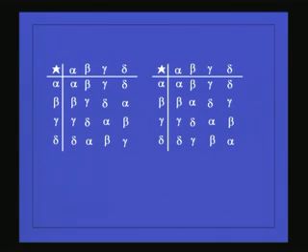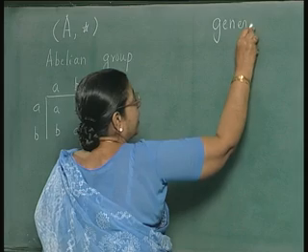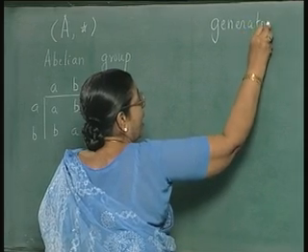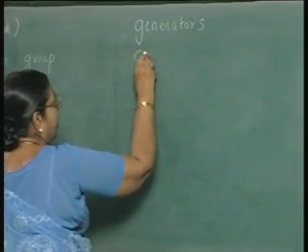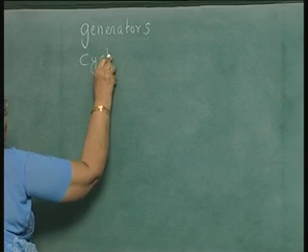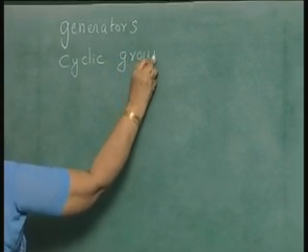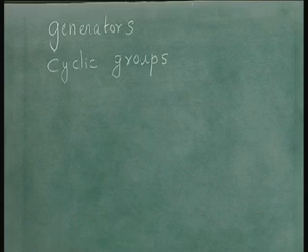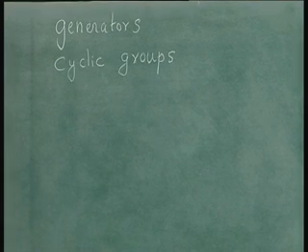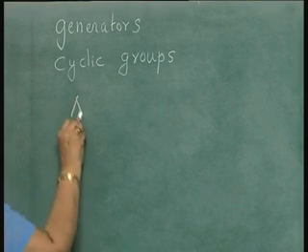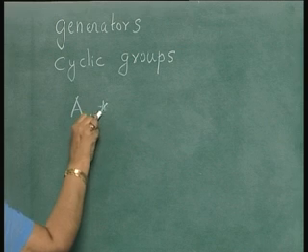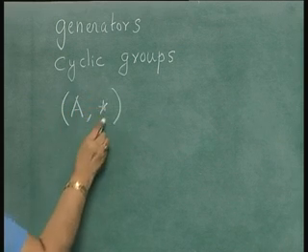Now, let us see what are generators of a group and what are cyclic groups. Take a group with a set A and an operation star.